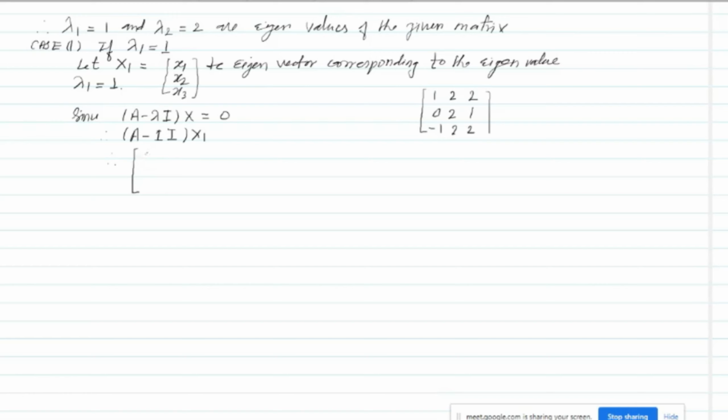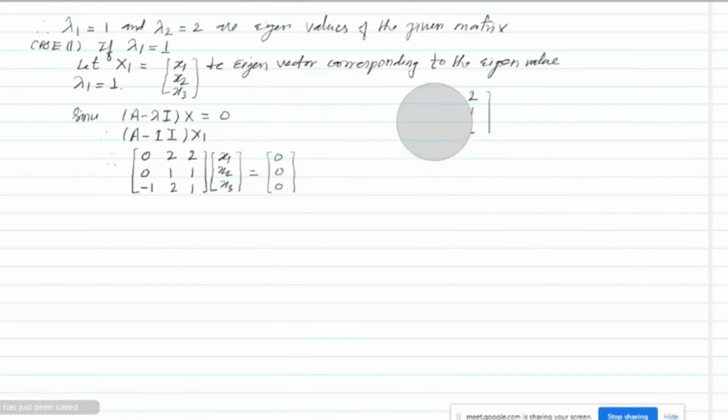So 1 minus 1 will be 0, and 2 as it is, 2 as it is; 0, 2 minus 1 that is 1, and 1; then -1, 2 as it is, and 2 minus 1, that is 1. So your X is the column vector x1, x2, x3, and this equals the null vector 0, 0, 0. Just erase this matrix.